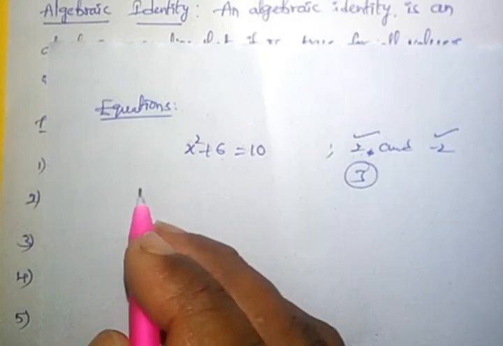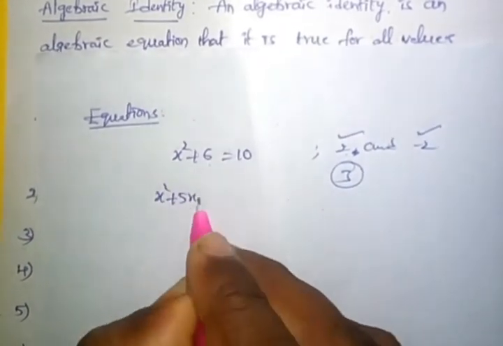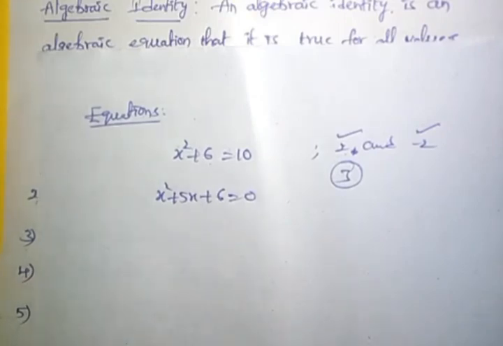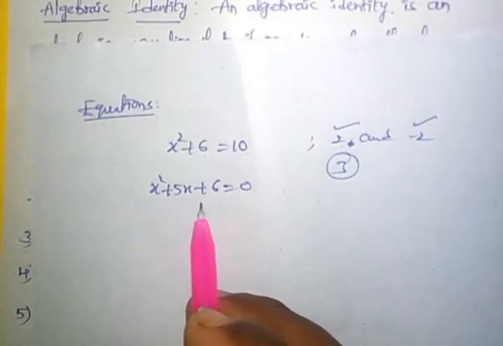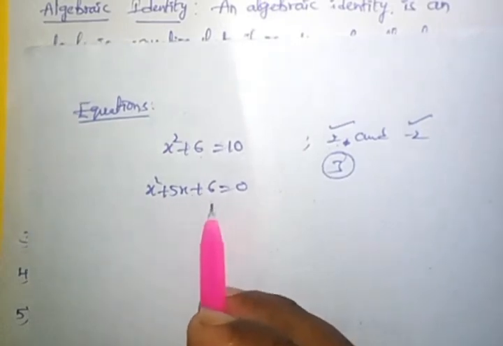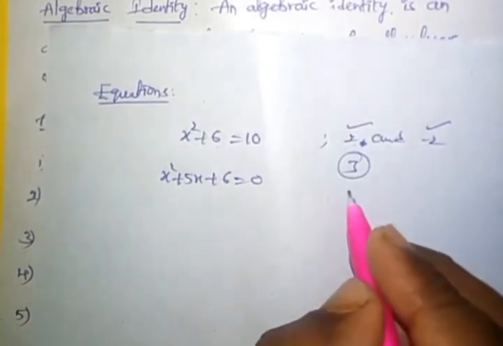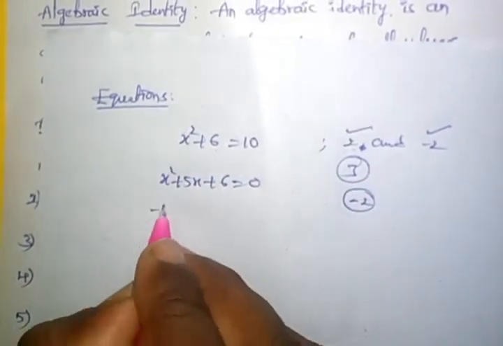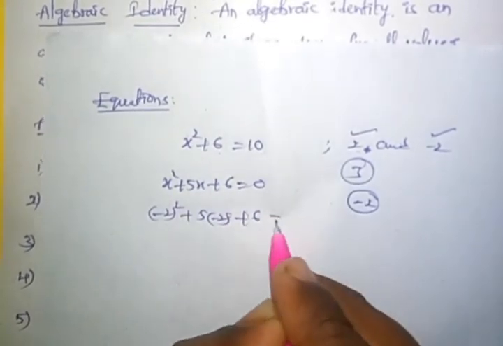Okay, and if you take another example for an equation, that is x square plus 5x plus 6 equal to 0, this is also an equation, but it is not true for all the values. If you take minus 2 and minus 3, then only it is true for the LHS side and RHS side. If you take minus 2, that is minus 2 square plus 5 into minus 2 plus 6 equal to 0.